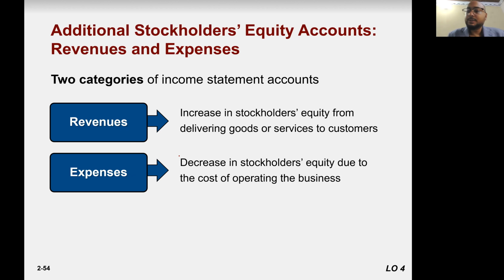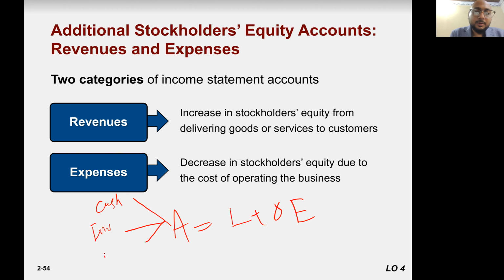Now, all the accounts that belong to assets, liabilities, and owner's equity are called balance sheet accounts. What are the accounts here? Cash, inventory, accounts receivable, all the long-term assets like AC, furniture, computers, equipment, right? Equipment, land, building, plant. What are the liabilities? Long-term liabilities and short-term liabilities.